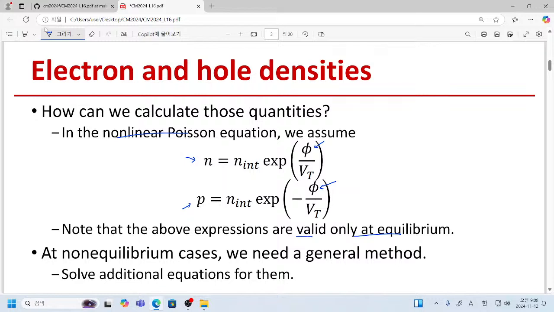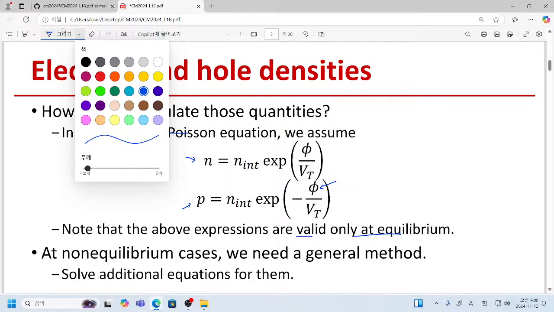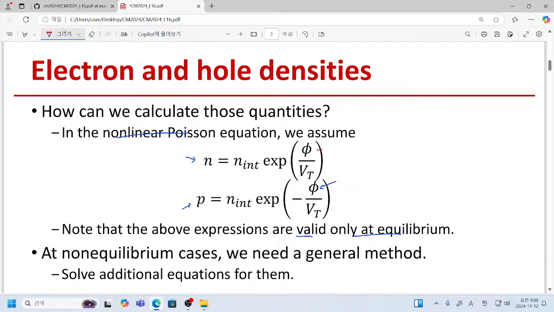If we want to generalize it to more general cases, then we have to introduce some quantities like these.